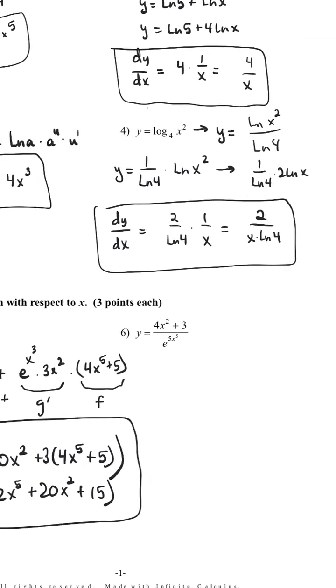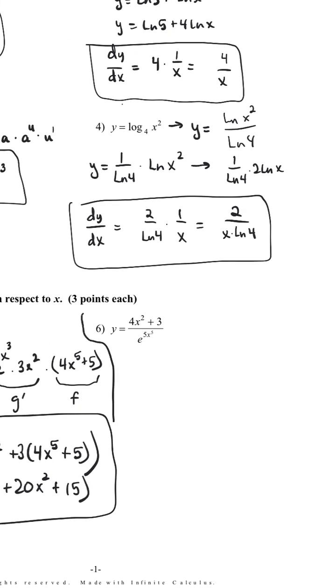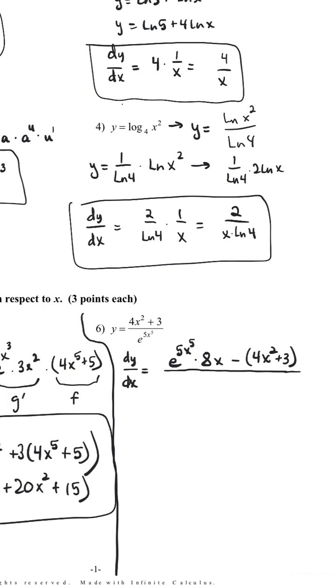Okay. Now question number 6, we're going to obviously have a different approach because it's a quotient rule. So dy dx. So we have the bottom function multiplied by the derivative of the top function minus the top function multiplied by the derivative of the bottom function.